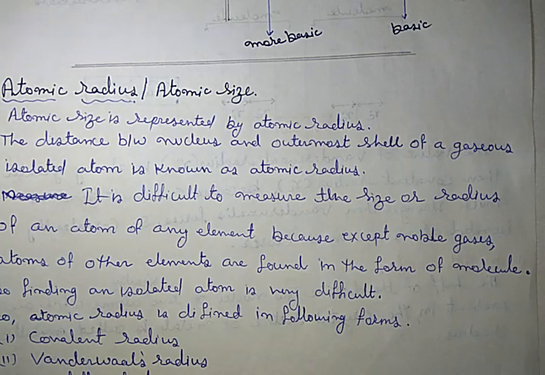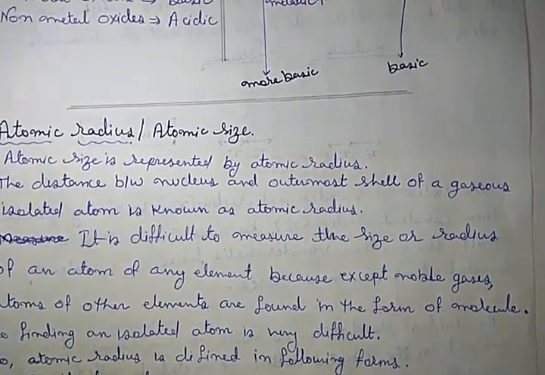So finding an isolated atom is very difficult. That's why we use different forms to describe the atomic radius. Clear? The ones in our syllabus are covalent radius, van der Waals radius, and metallic radius. These three we will use to describe the atomic radius.